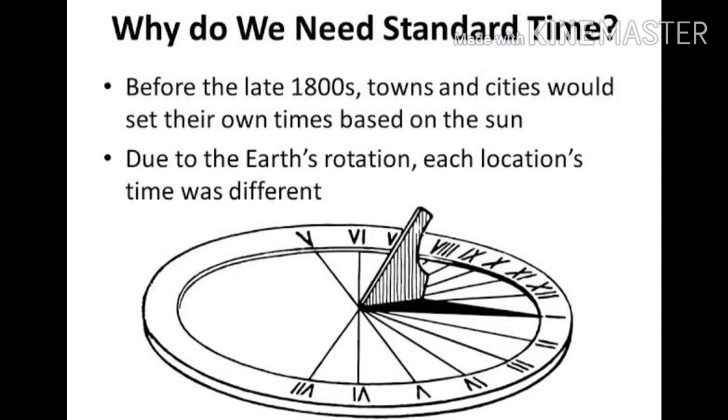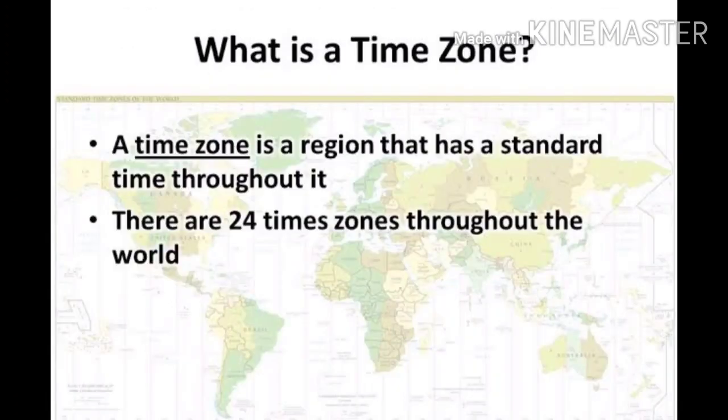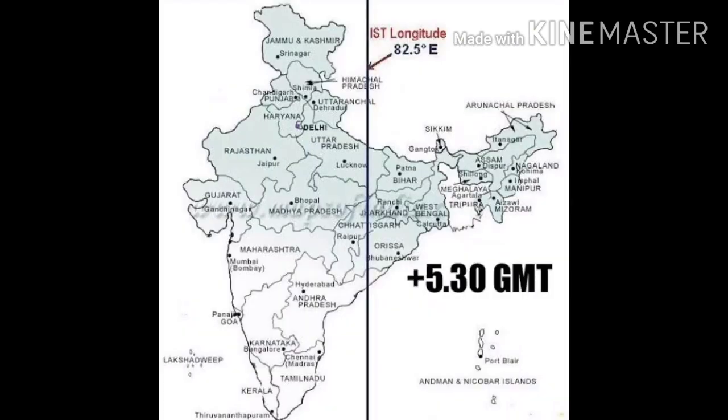Next, why do we have standard time? The local times of places which are on different meridians are bound to differ. In India, for instance, there will be a difference of about 1 hour and 45 minutes in the local times of Dwarka in Gujarat and Dibrugarh in Assam.